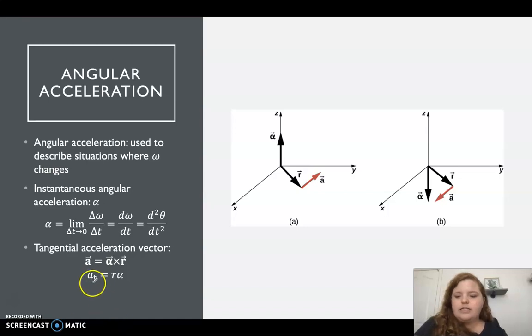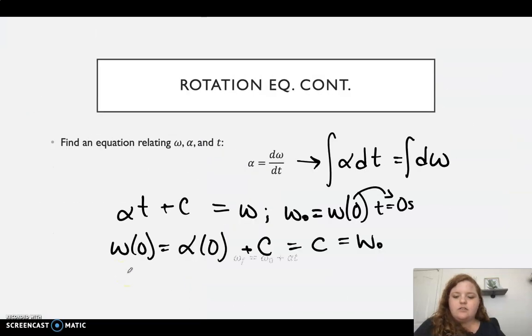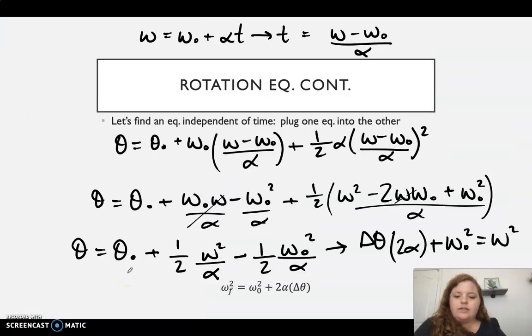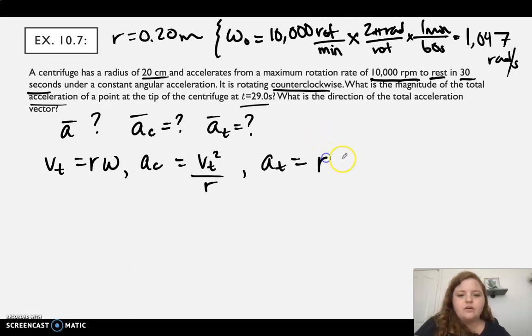Yes. Tangential acceleration is equal to r alpha. Okay. So we need to find some alpha, it seems like. And then from there we can solve quite a bit.